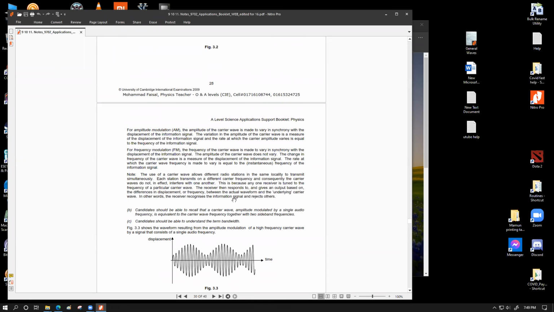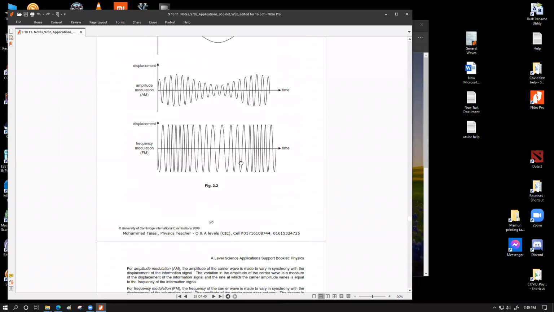One important thing I would like to tell all of you before I go further is that every single image, every single figure that you'll be seeing beyond this point is applicable for AM, amplitude modulation.